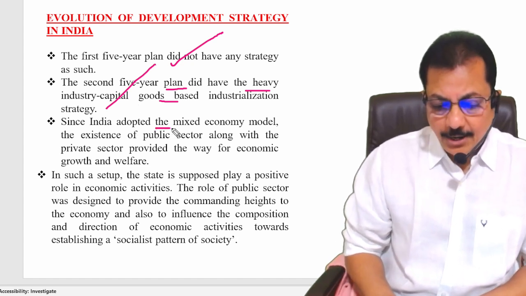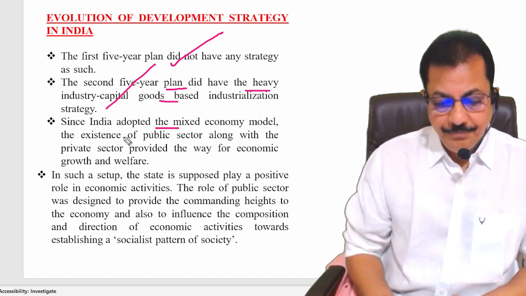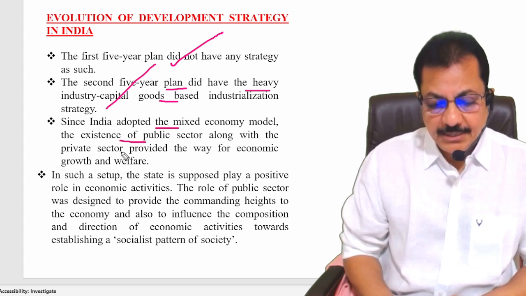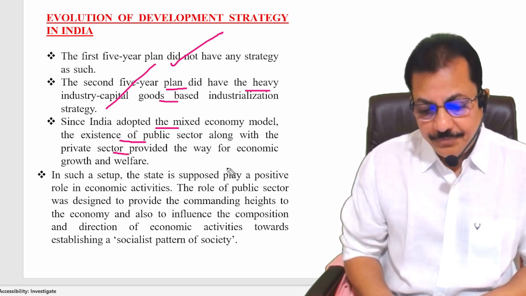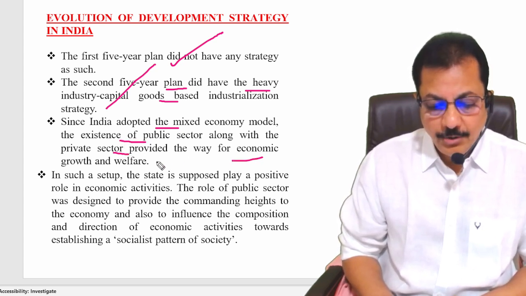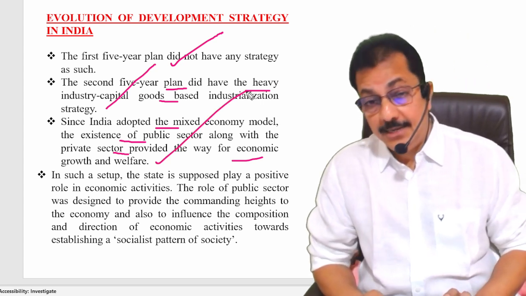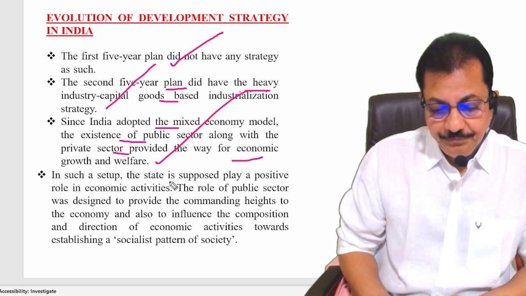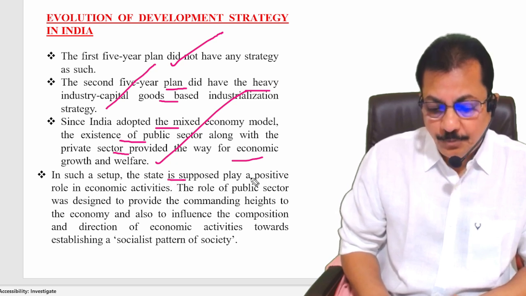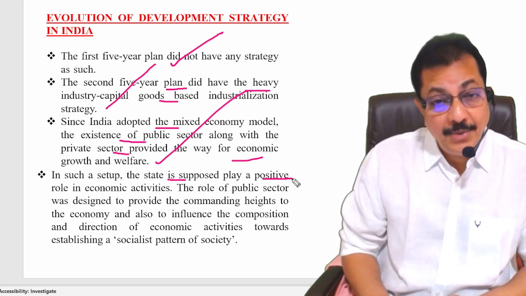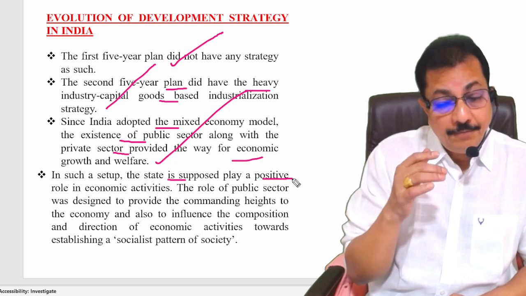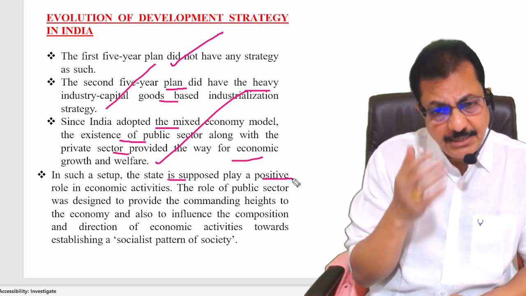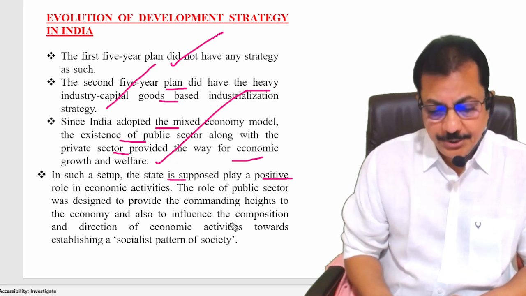Since India adopted the mixed economy model, the existence of public sector and private sector provided the way for economic growth and welfare. This is another advantage. This is another strategy. In such a setup, the state is supposed to play a positive role in economic activities. I told you, from domination, the state should move to cooperation.